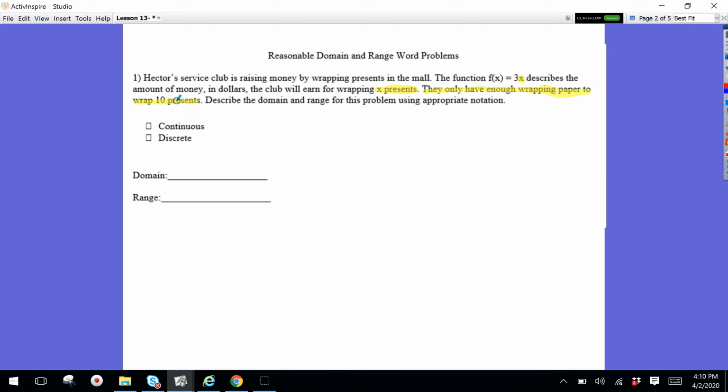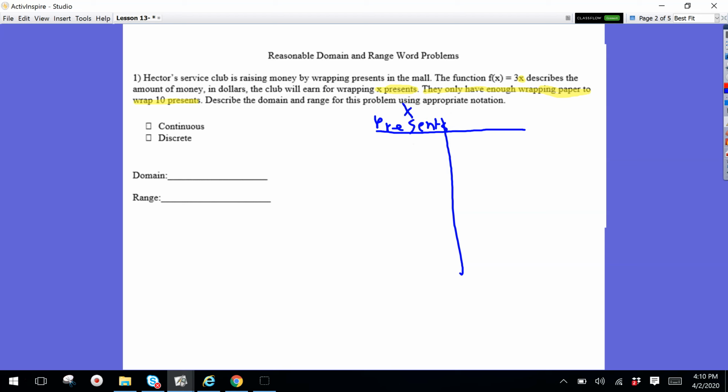So we definitely have enough information now to talk about our domain already. And I always like to organize this stuff in a table before I answer the question. So my input here is x, which is presents. I'm just going to put x.